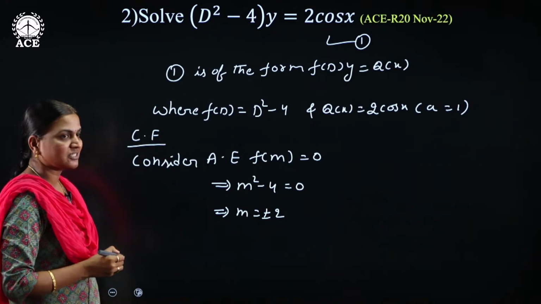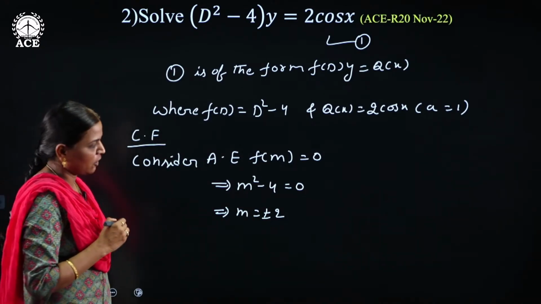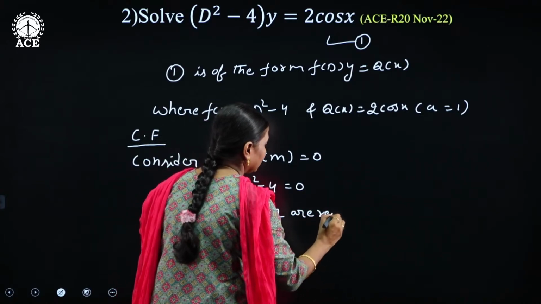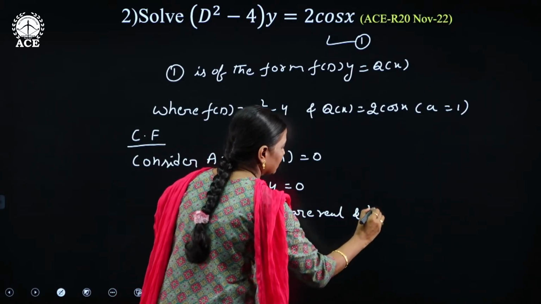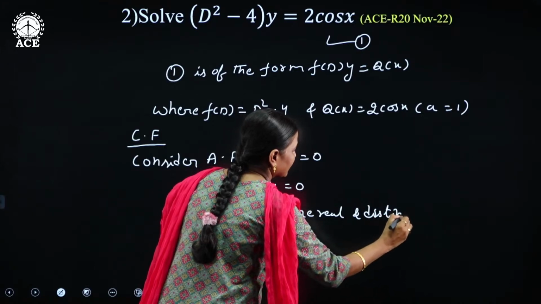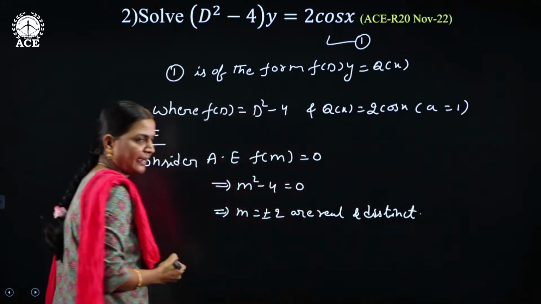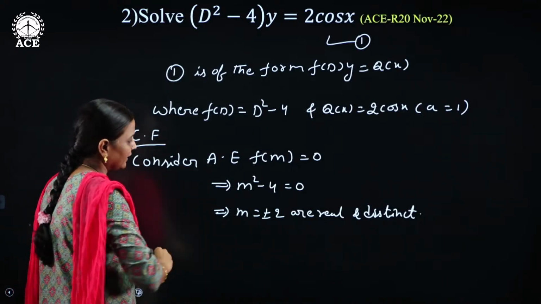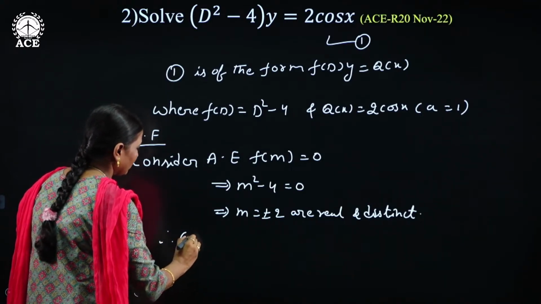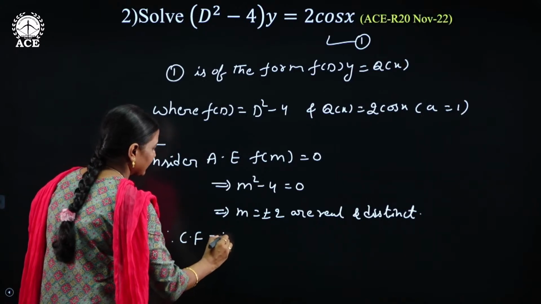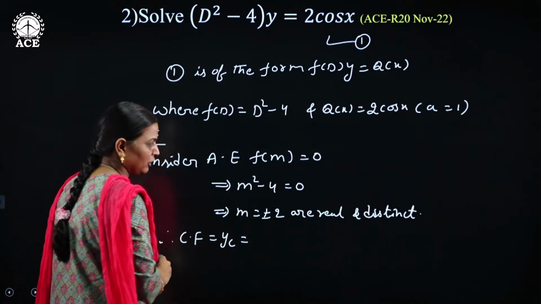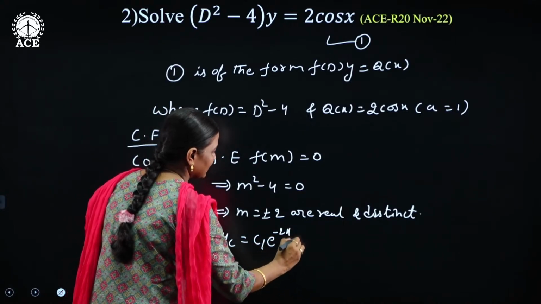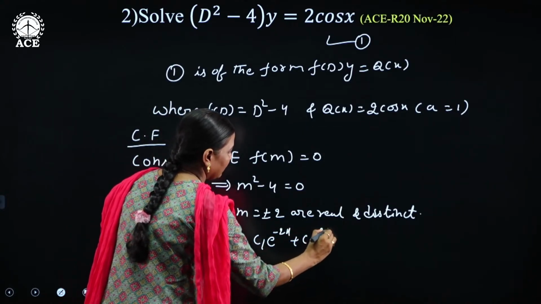After finding the roots, write their nature to write the complementary function. Here, the roots are real and distinct, plus 2 and minus 2. When the roots are real and distinct, the complementary function is yc equal to c1 into e power minus 2x plus c2 into e power 2x.